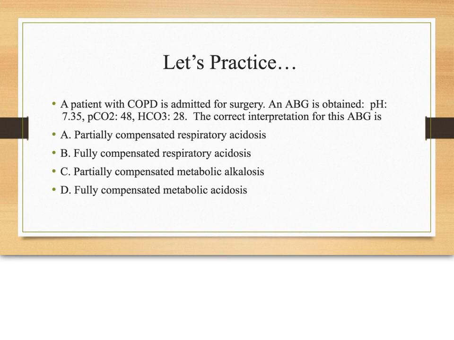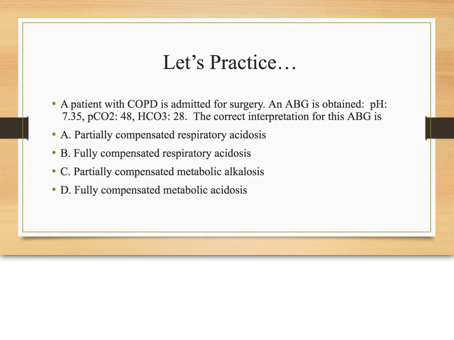Since the pH is back to the 7.35 level, what we have here is a fully compensated respiratory acidosis. And remember what we said initially, that if we're seeing metabolic compensation, we know that the abnormality has been in place for longer than 24 hours.